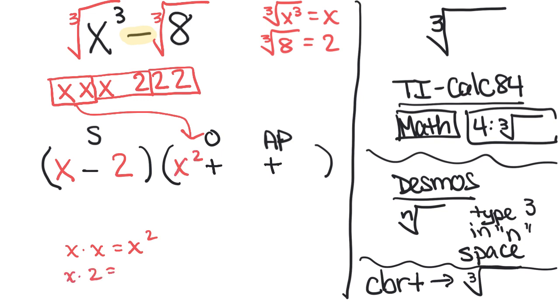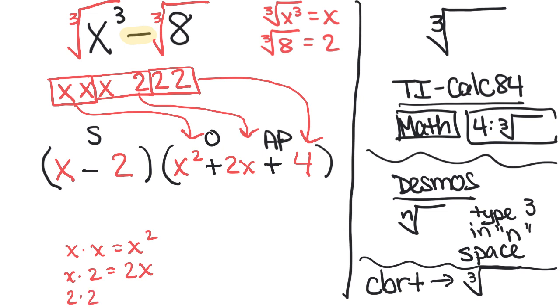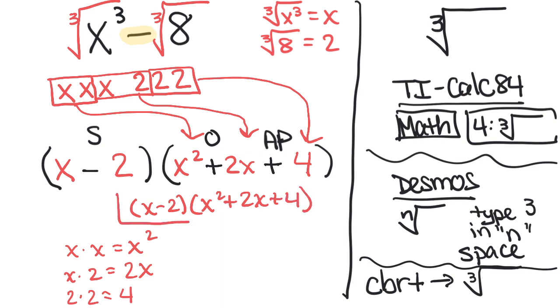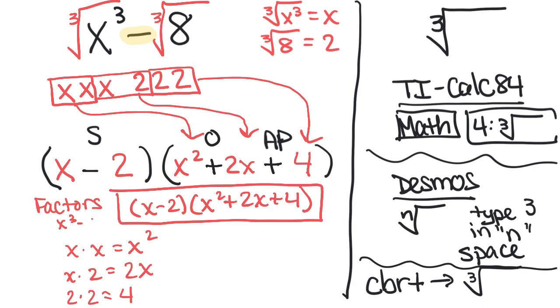X times 2 is 2x. That's my second space. And then 2 times 2 is 4. And that's it. That's my final answer. x minus 2 times x squared plus 2x plus 4. Those are the factors for x cubed minus 8. That would be your answer.